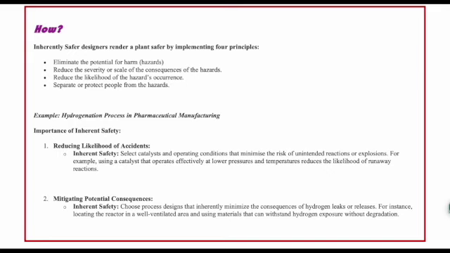For example, you can keep the reactor in a very well ventilated place, so that even if there is a minor leakage, the circulation of air in that area can overcome it. Secondly, you can use materials which can withstand hydrogen exposure without degradation, so that your other setups and systems are not affected.